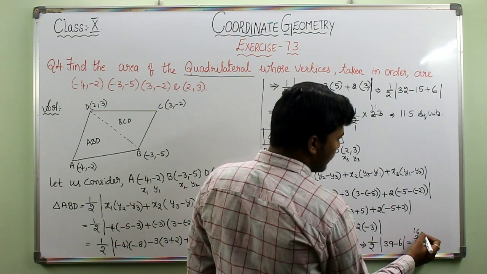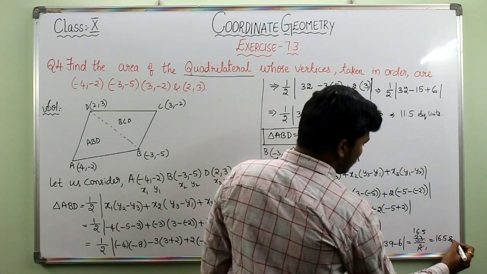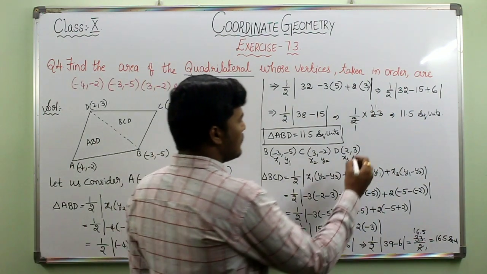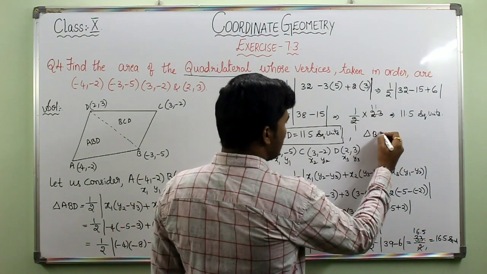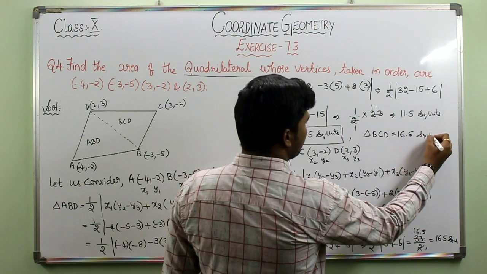So this is 16.5 square units. Okay, so we got the area of BCD as 16.5 square units.